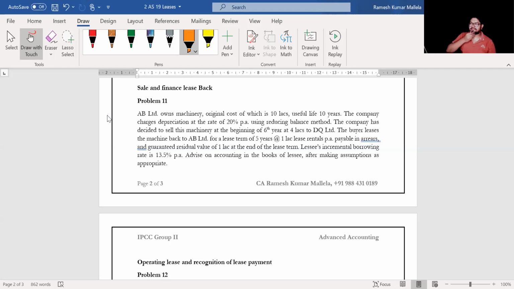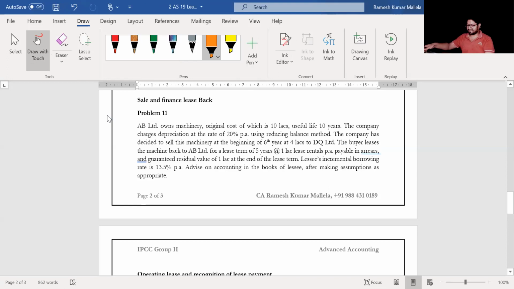Now, first of all, this is a case of sale and lease back. Whenever there is a sale and lease back, I'll first explain the concept on a whiteboard, then we will get into the accounting part of it.